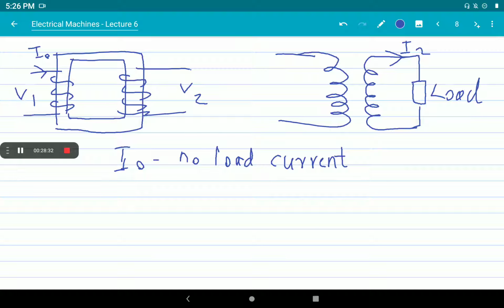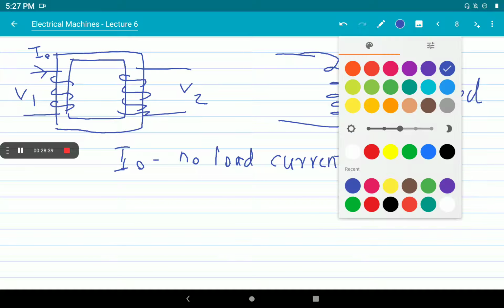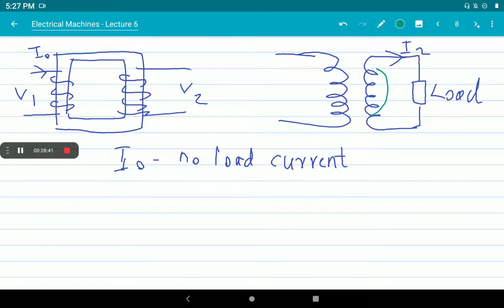A coil carrying a current I2 will produce another flux, which opposes the primary flux. By Lenz's law, the change produced in the secondary winding opposes the cause which produces it.